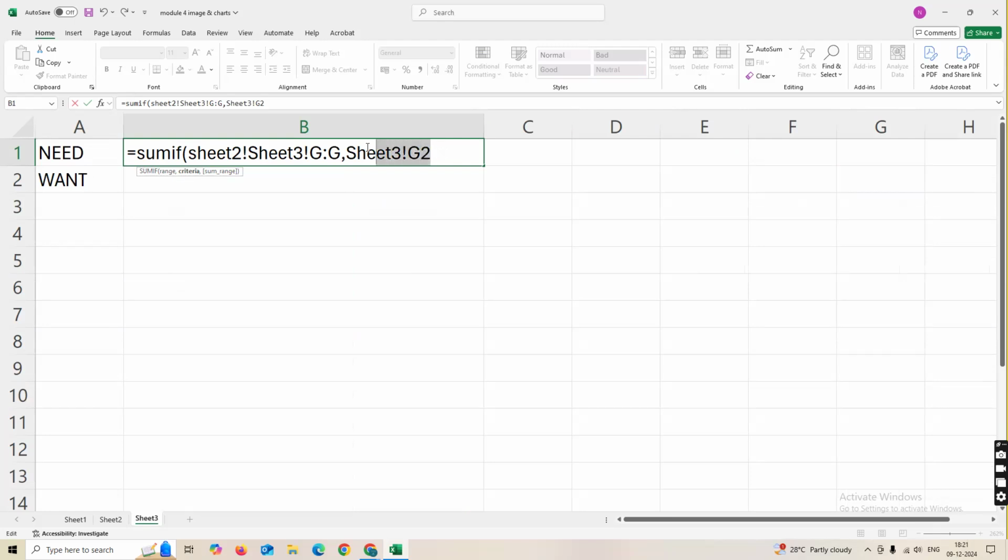Sorry, it took something by itself because I went there and clicked. Sheet 2, G of G it was, then separated. Need, I will write it in double quotes.